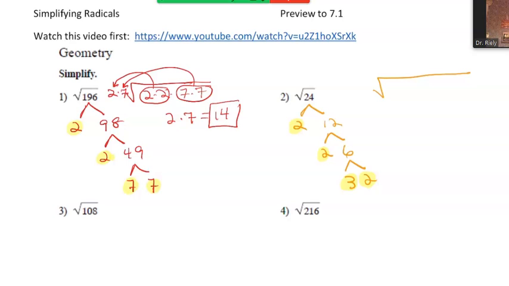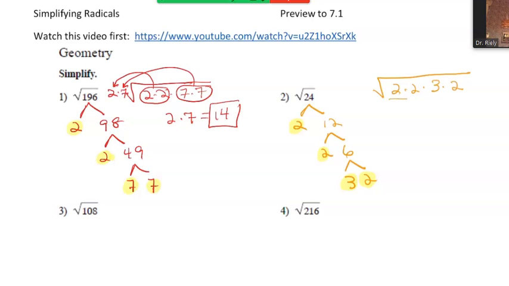And then the highlighted ones, I'm going to put under the radical symbol. Those that are underneath are called prime factors. And if I multiply these together, 2 times 2 times 3 times 2, I will get 24.